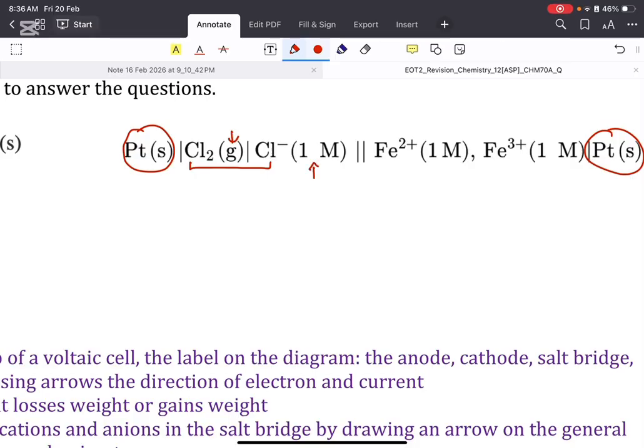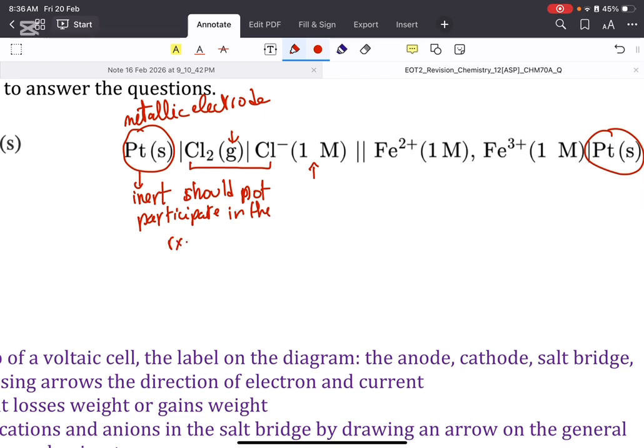So there is no solid material to which we have to hang the alligator clip, the wire, so that the electrons can be transferred toward the cathode. So we need a metallic electrode, and it has to be inert because it should not participate in the reaction.